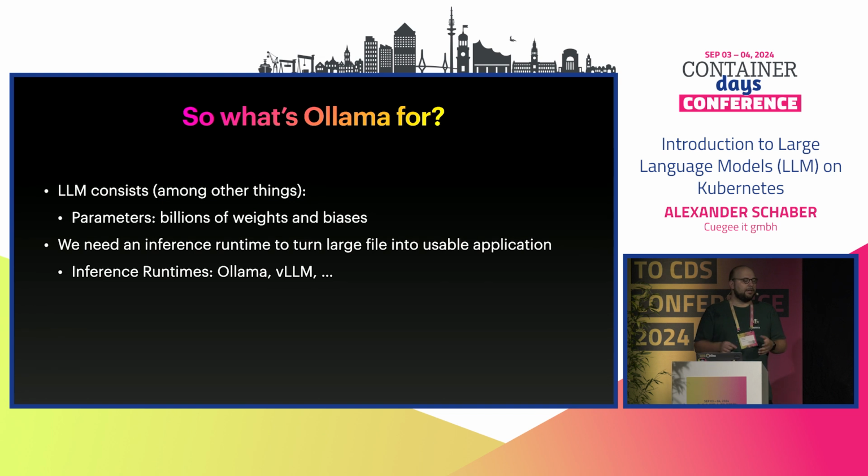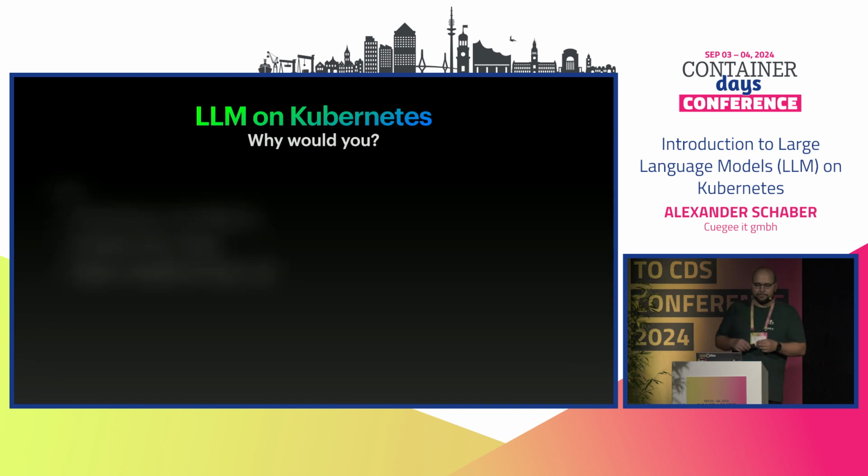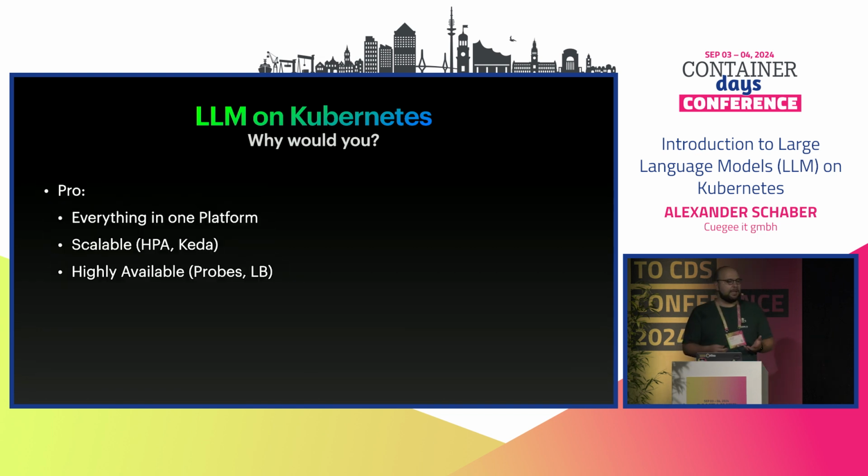And after I did all of that research and understood, okay, I can run it locally, and I understand kind of what an LLM is, I thought, okay, how do I do this on Kubernetes? And before we jump into that, why would you even do it on Kubernetes? Well, my idea was, I already have Kubernetes in-house, so I can have that large language model also on the same platform, which is kind of nice.